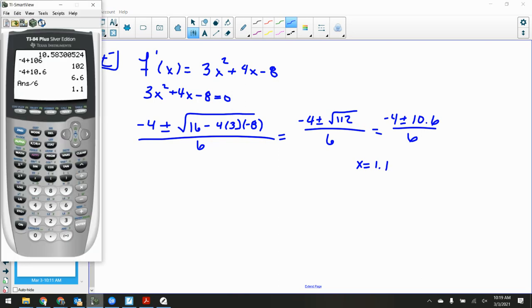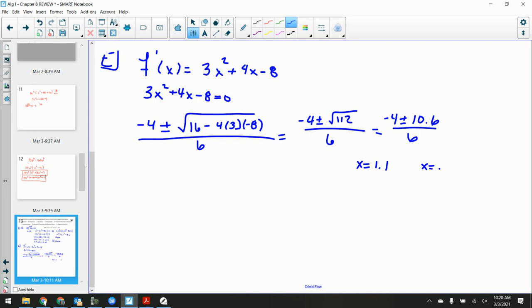That's one critical point. And then we got negative 4 minus 10.6 divided by 6, negative 2.4. Number line, negative 2.4, 1.1. And then we can plug in some values, but spoiler alert, positive, negative, positive.